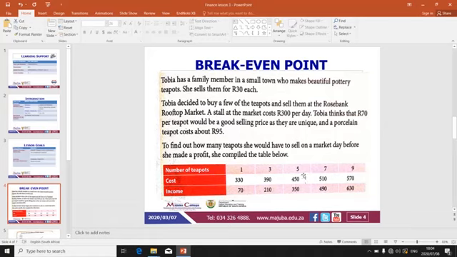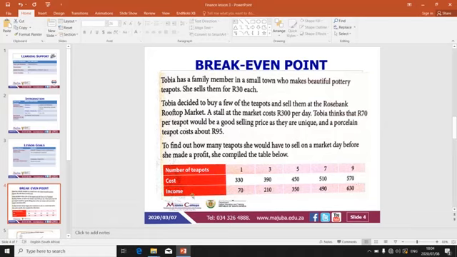For 5 teapots, 5 times 30 is 150, plus 300 is 450. For 7, 7 times 30 is 210, plus 300 is 510. For 9 teapots, 9 times 30 is 270, and 270 plus 300 is 570.